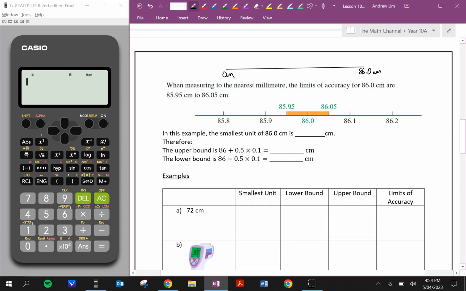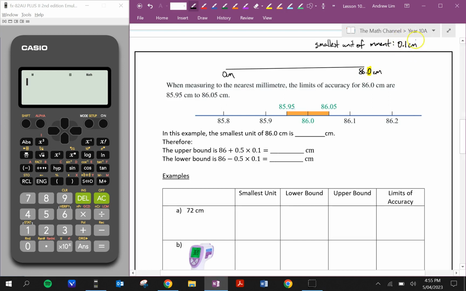So this time we're looking at our smallest unit of measurement. Always look at the last digit. We're basically making everything else equal to 0. So this 86 becomes 0, and the last digit becomes a 1.